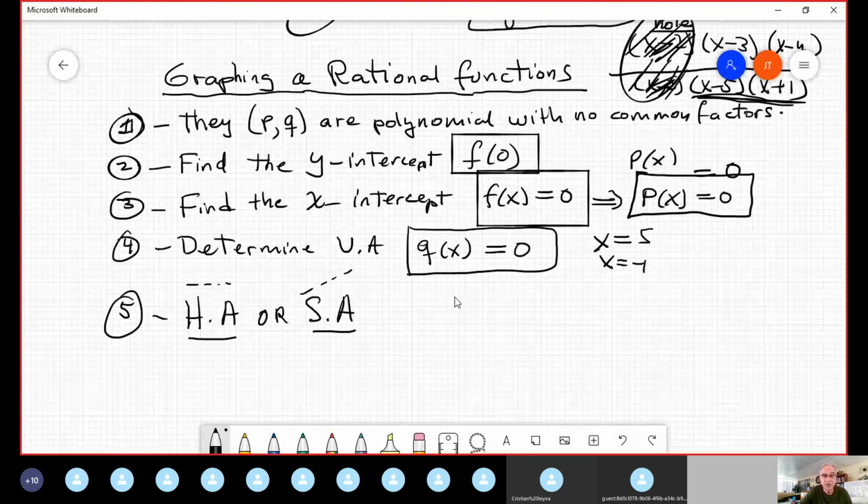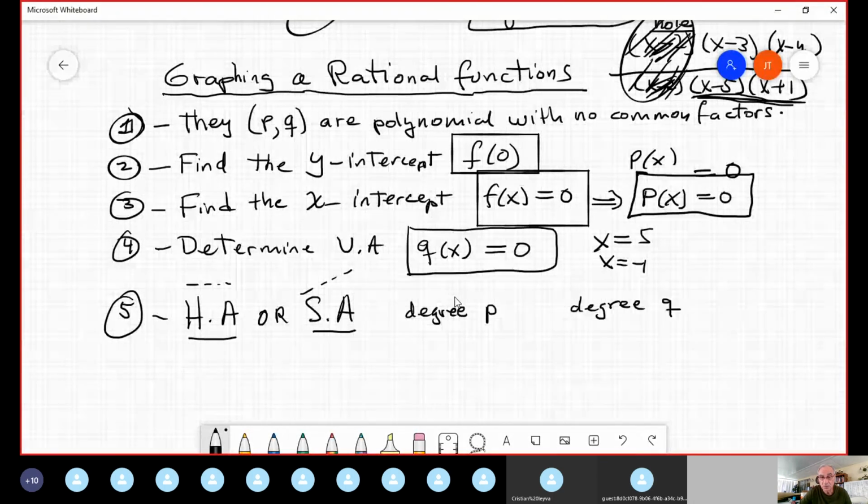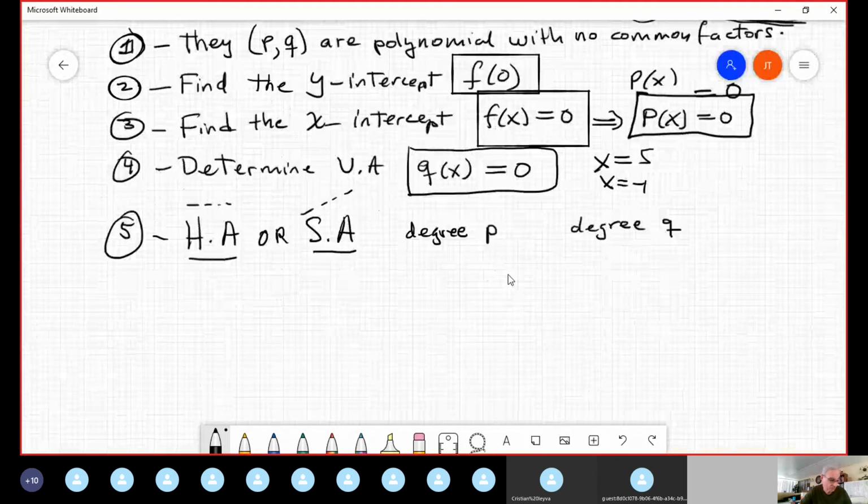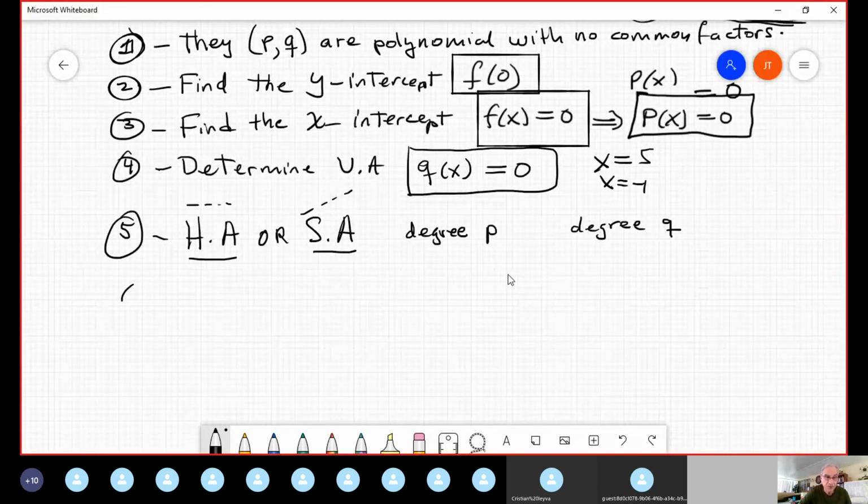And remember, determining the horizontal and slant is the rule of the degree. You analyze degree, I don't want to repeat it now, degree P and degree Q. Same degree, horizontal. Degree of Q bigger than P, horizontal special. Degree of P greater by 1 than degree Q, slant. Super. Number 6. I almost finished, guys.